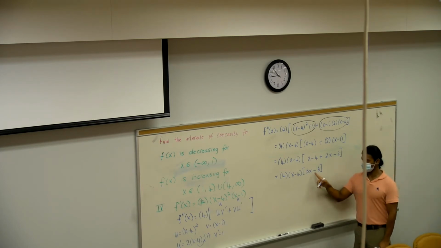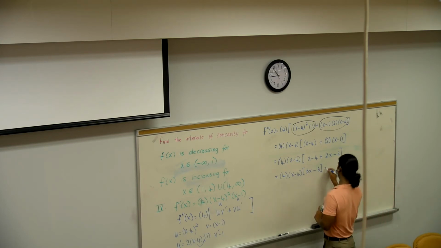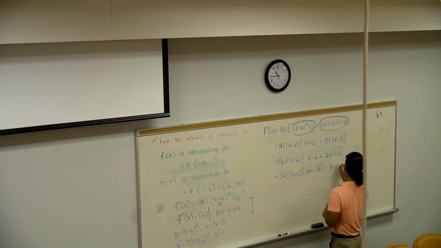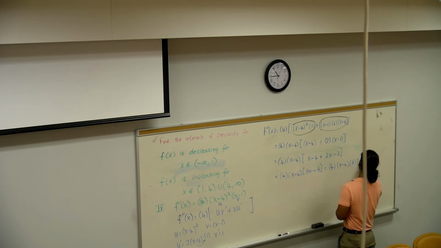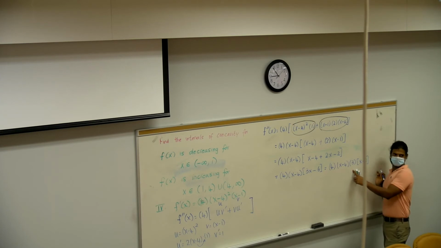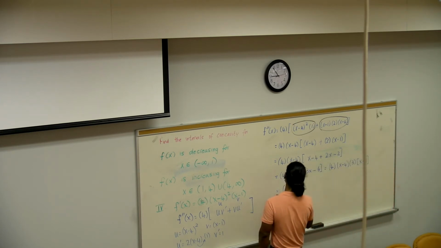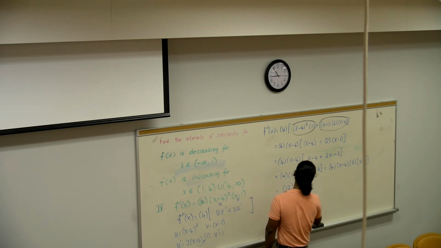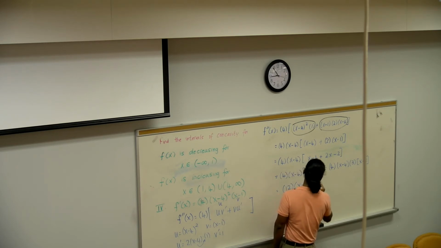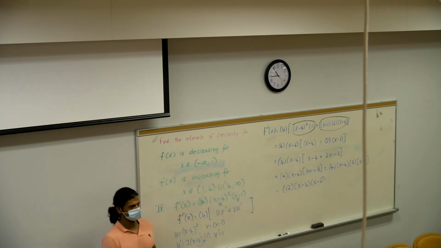What do we have in common between those two terms? 3. So I'm going to pull that 3 out. And what is 4 times 3? 12. And that is the second derivative.